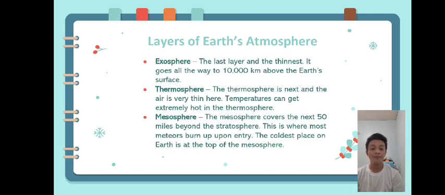When we say exosphere, this is the last and thinnest layer of the Earth's atmosphere. It goes all the way to 10,000 kilometers above the Earth's surface. And also, the function of the exosphere is absorbing some of the most harmful radiation from the sun.